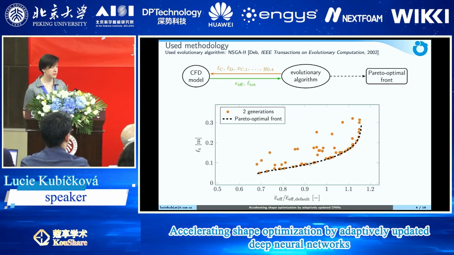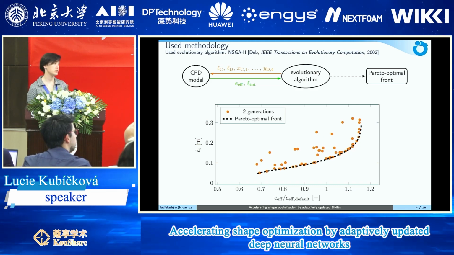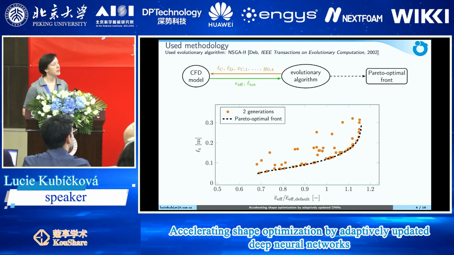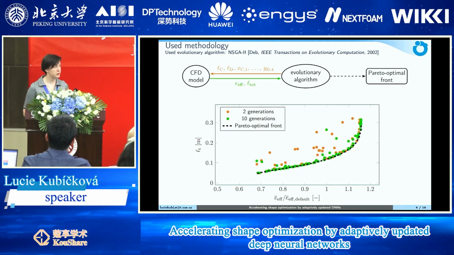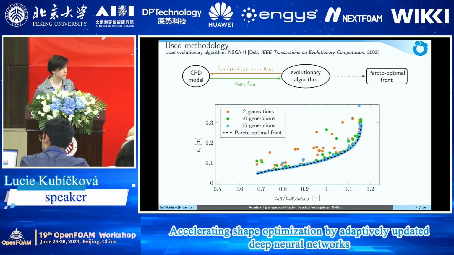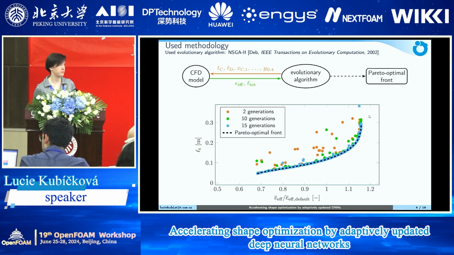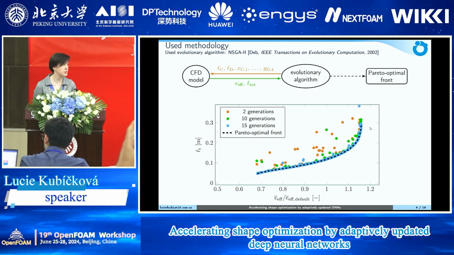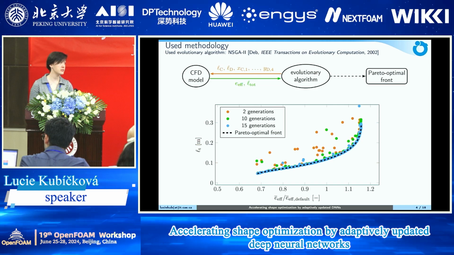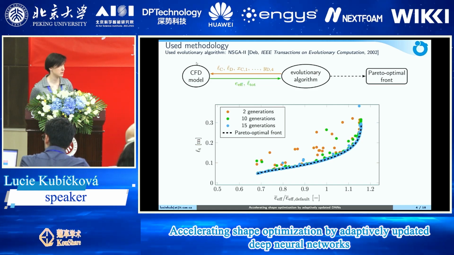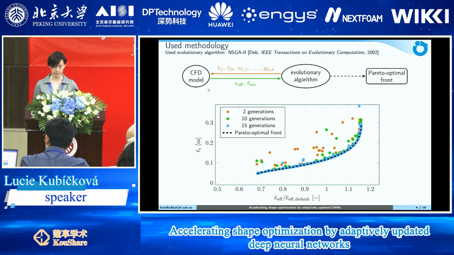But as the generations continue, the algorithm uses some random operators based on evolution, and it can focus more and more on the Pareto optimum front. You can see that in one run it can find a very big chunk of it, which is a big advantage of these algorithms. Also, they are robust, but you can see that there are a lot of points, so it means a lot of CFD evaluations.